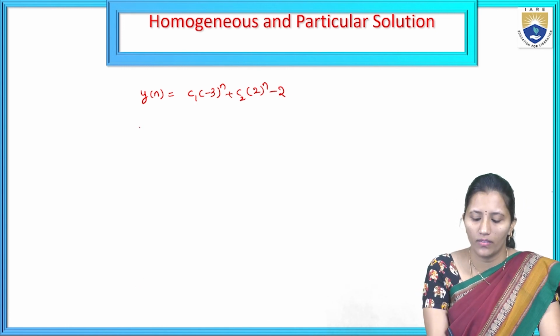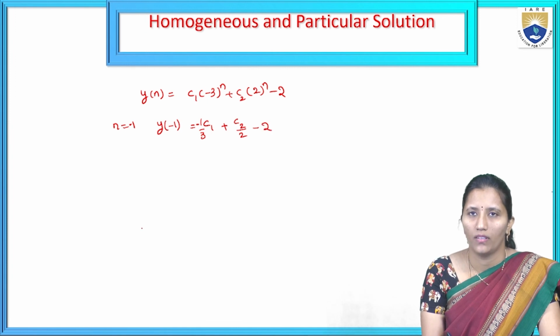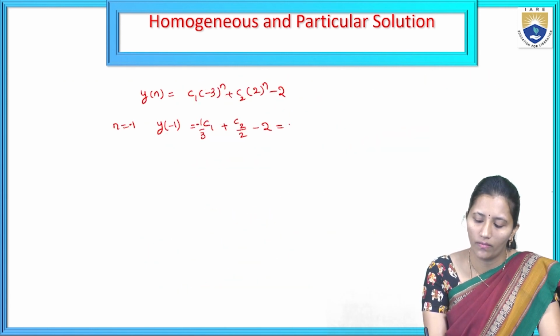Substitute n is equal to minus 1 here, we get y of minus 1: C1 (minus 3) power minus 1, which is minus 1 by 3, plus C2 by 2 minus 2. In the problem, y of minus 1 is given as 1, so this is equal to 1.